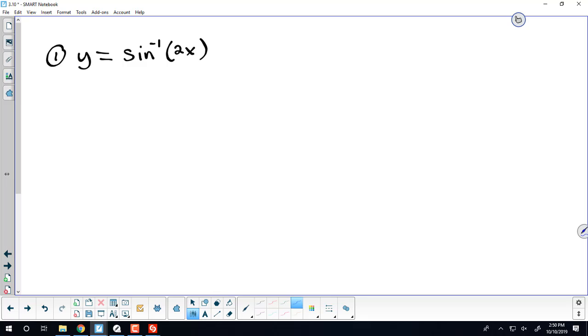So you have to say that we're taking the inverse sine of 2x, but the input to inverse sine had to be between -1 and 1. So we would say that 2x has to be between, inclusive, -1 and +1. That's where you would see certain types of inequalities.